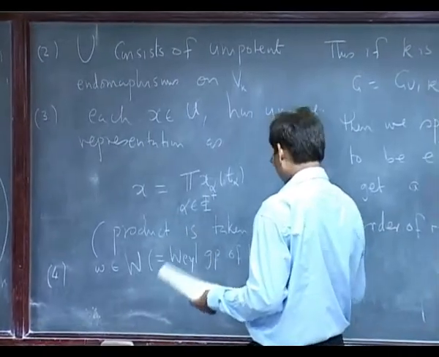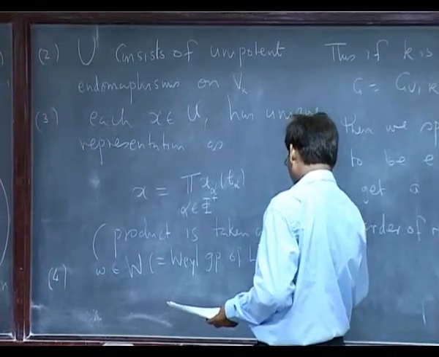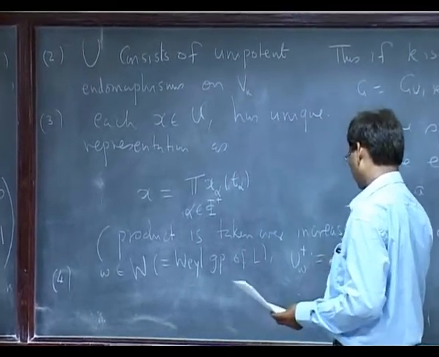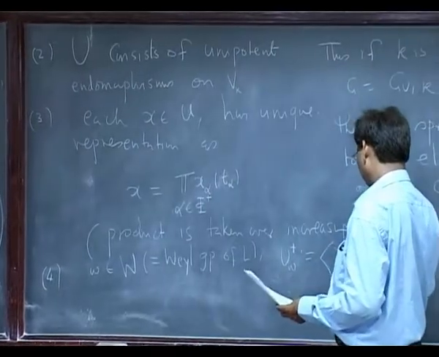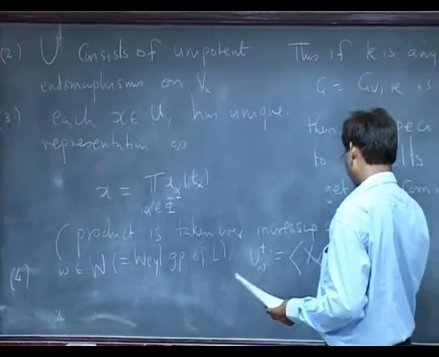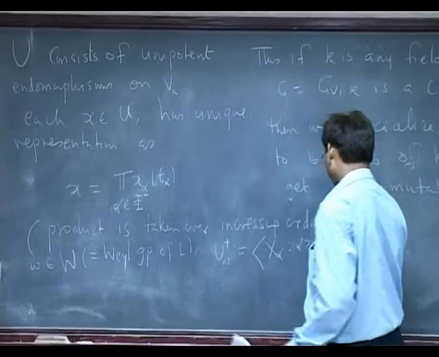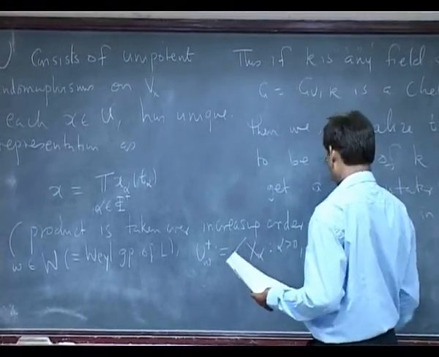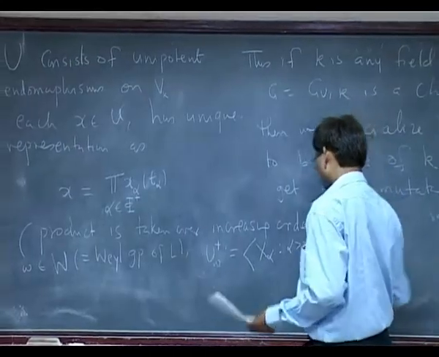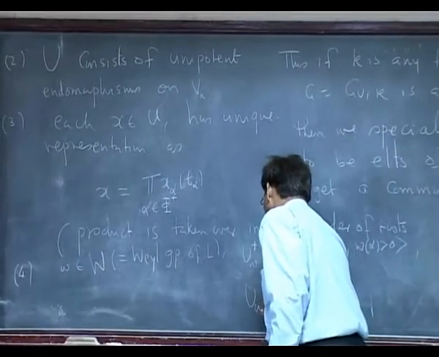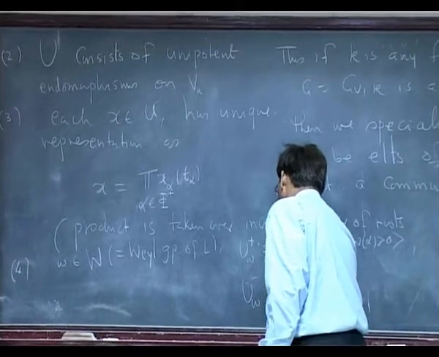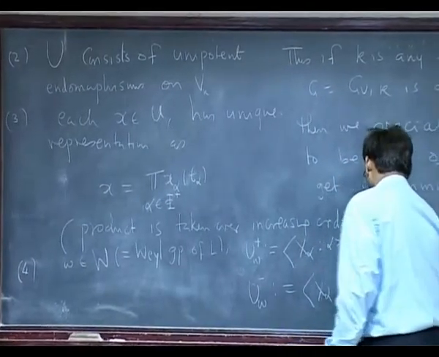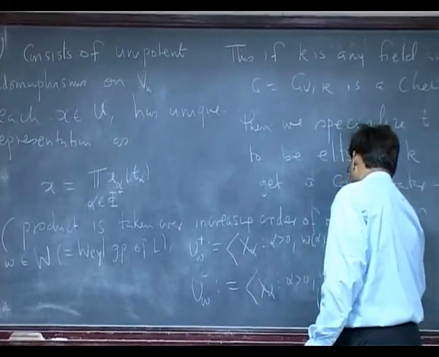You define U_w plus, the subgroup generated by those X alpha such that alpha is positive and w alpha is also positive, and U_w minus, the subgroup generated by those X alpha where alpha is positive but w alpha is negative.